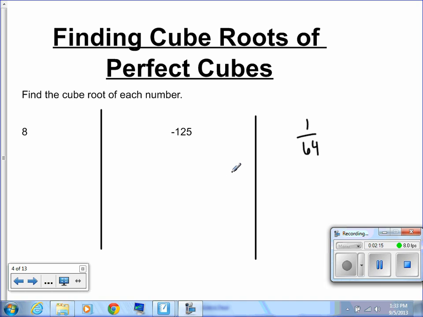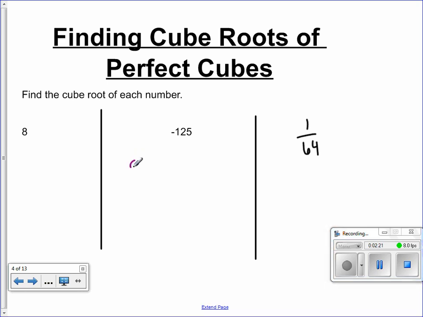Well, if I'm looking at my numbers, I'm going to think, 5 times 5 times 5 is going to get me 125. And since it's negative, we know we'll have to multiply by negative 5. So negative 5 times negative 5 times negative 5 would give me negative 125.